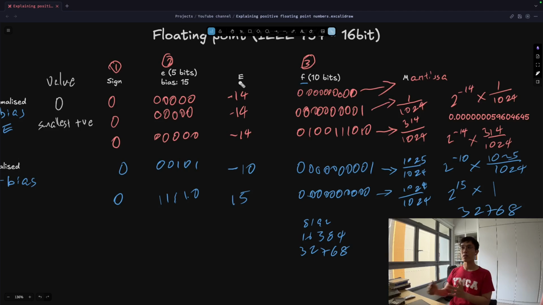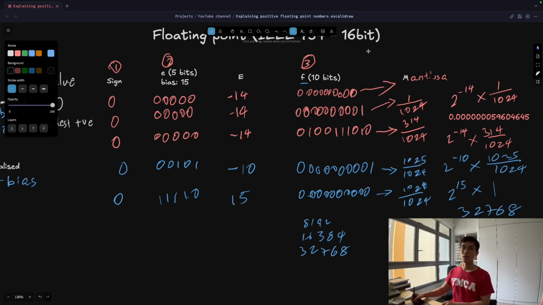To extend this to F32 and F64, the main thing that we need to know is the number of bits for E, the number of bits for F, and what the bias is.